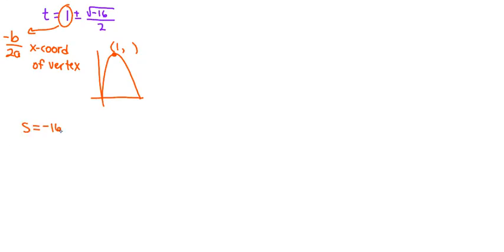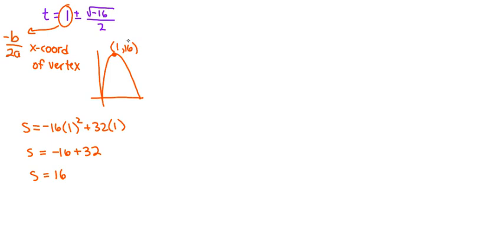Negative 16 times 1 squared plus 32 times 1. And work that out. We'd find out that the maximum height of the projectile with the initial velocity of 32 is actually only 16. So it definitely does not reach a height of 80.